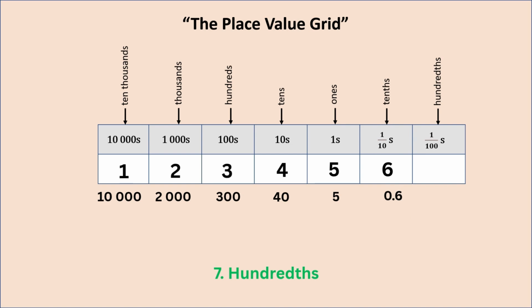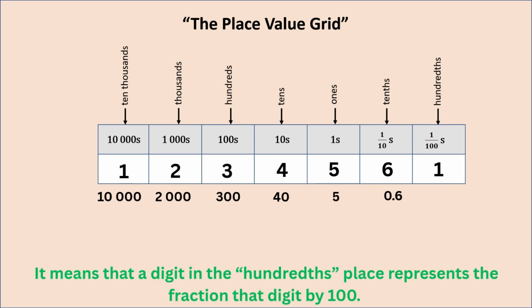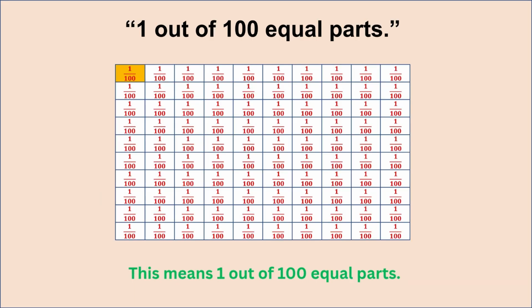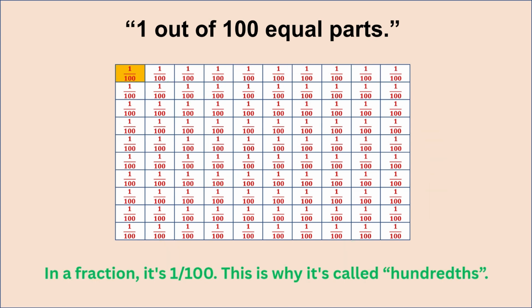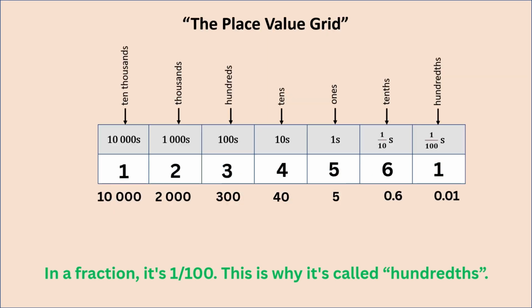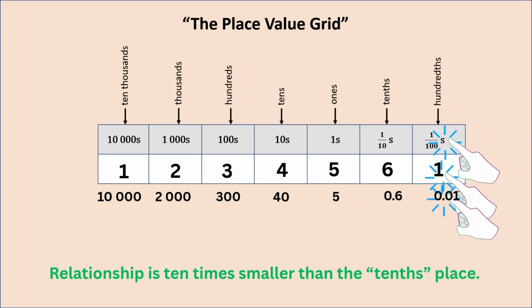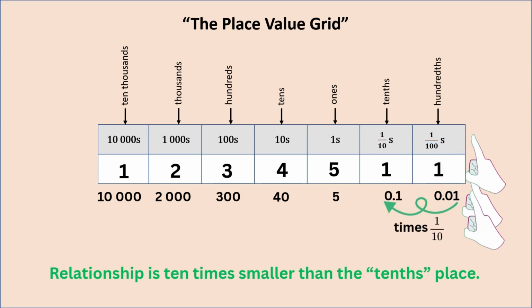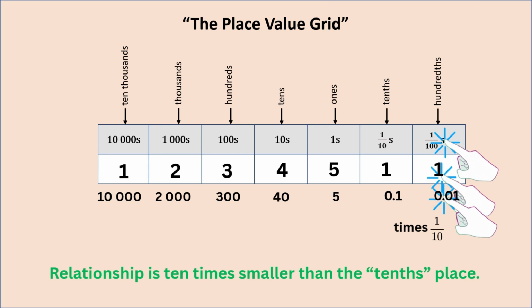Seven, hundredths. It means that a digit in the hundredths place represents that digit divided by 100. This means 1 out of 100 equal parts. As a fraction, it's 1/100. This is why it's called hundredths. The relationship is that it is 10 times smaller than the tenths place.